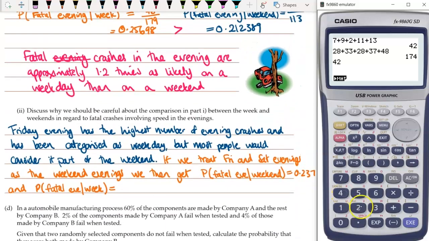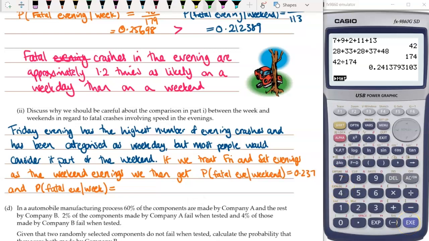So if we do 42 divided by 174, that gives us 0.241. So both of those, if we were rounding to 2 decimal places, would give us the same answer. So these are much closer.